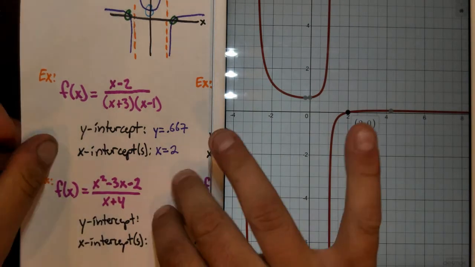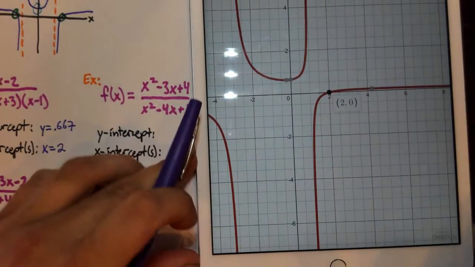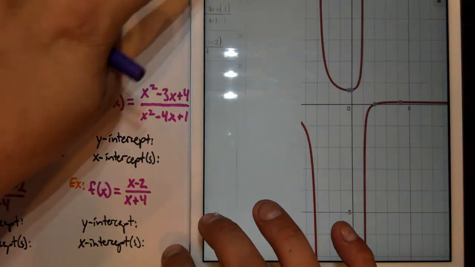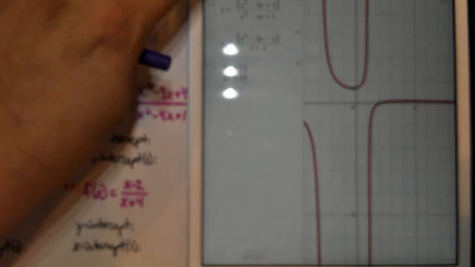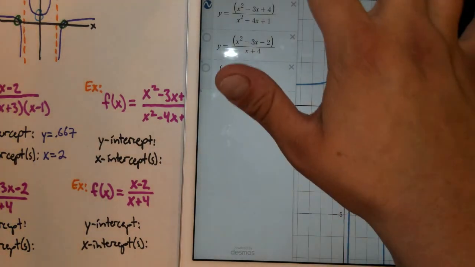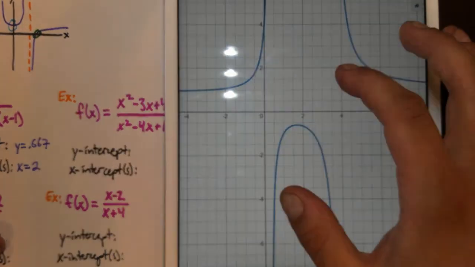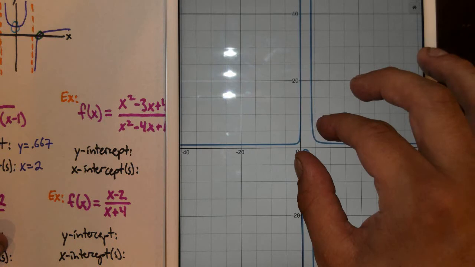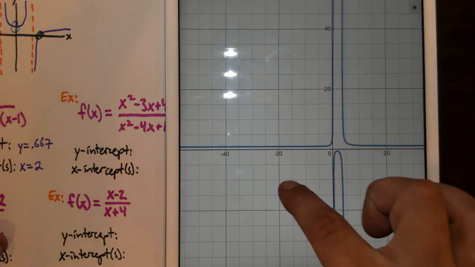Let's take a look at a few more examples. I have graphed this function here, f of x equals (x squared minus 3x plus 4) divided by (x squared minus 4x plus 1). Here I have it in blue. Let's zoom out. This one looks like it doesn't cross the x-axis at all, does it?